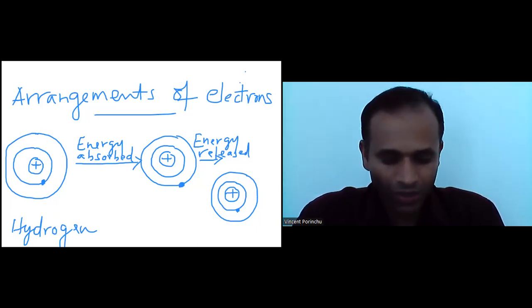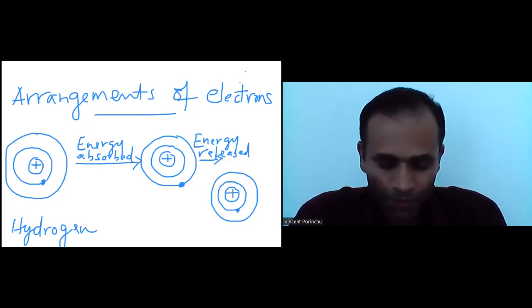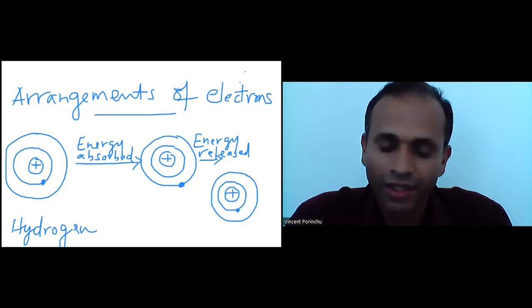So here is one electron in the first orbit, or first energy level, of that atom. The central part of the atom is positive; that's the nucleus. When an atom absorbs a certain amount of energy, what happens? The electron moves into the next energy level.